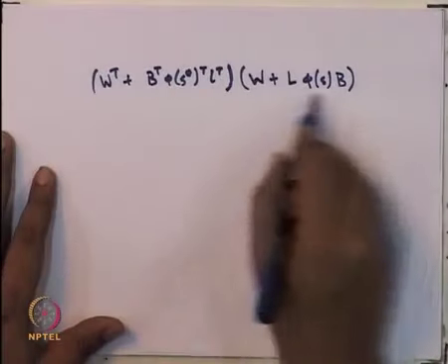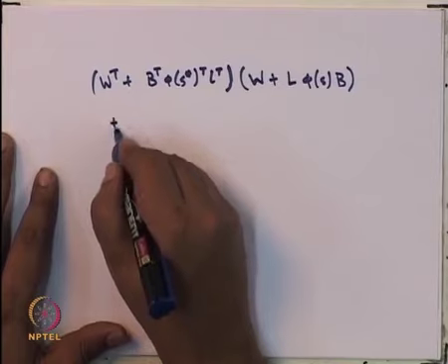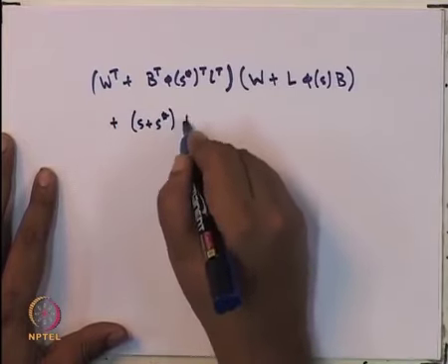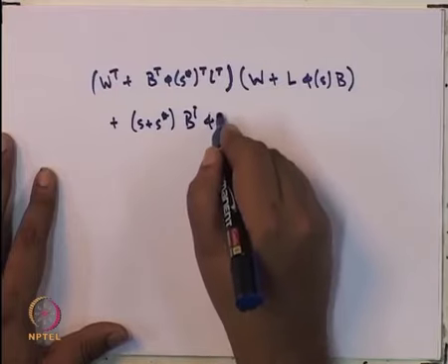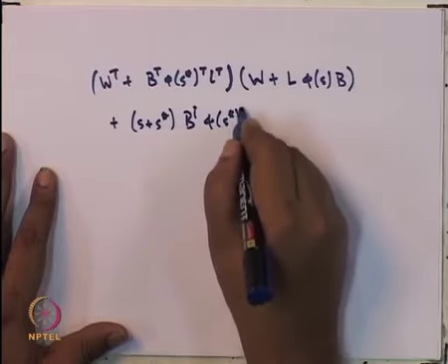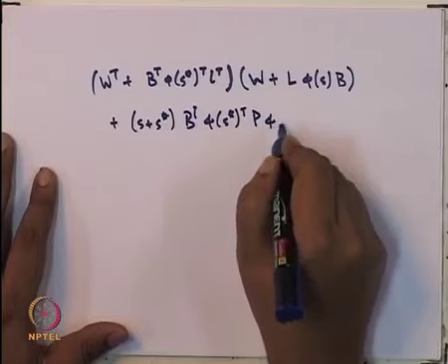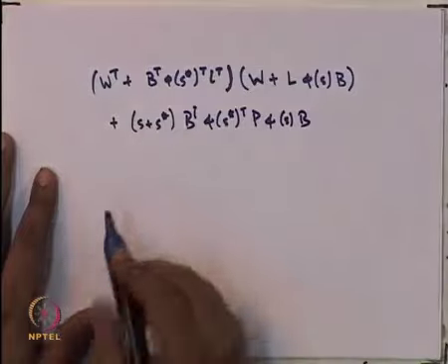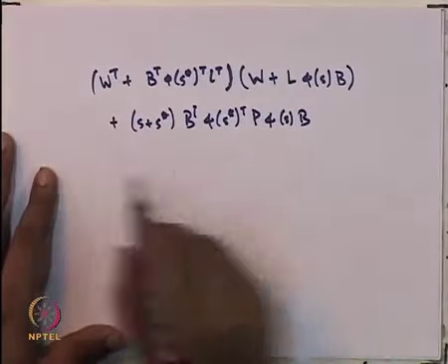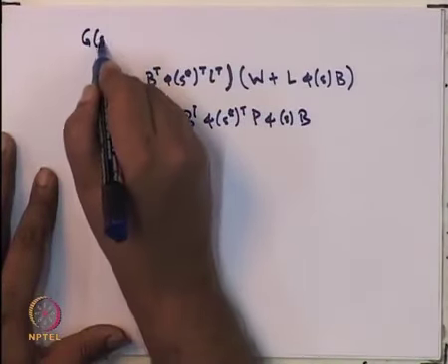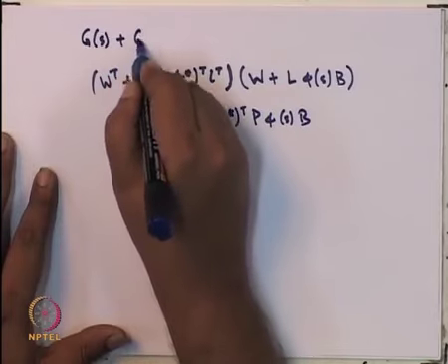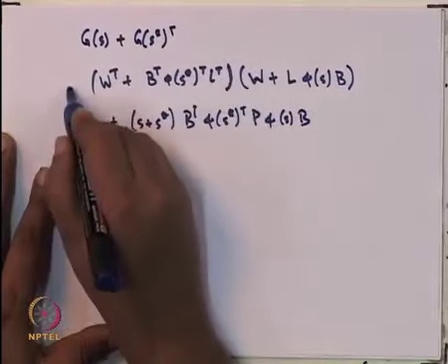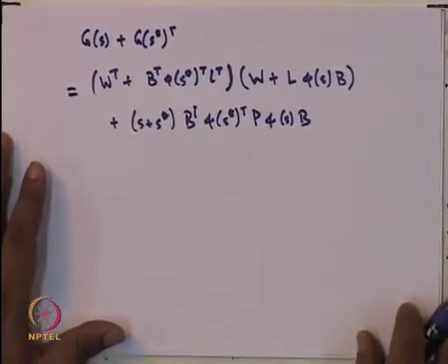Then the one other thing that we have is S plus S star B transpose phi S star transpose P phi S B. So this is the full expression, and mind you, this is the expression when you started out with GS plus GS star transpose. This is equal to this whole expression.